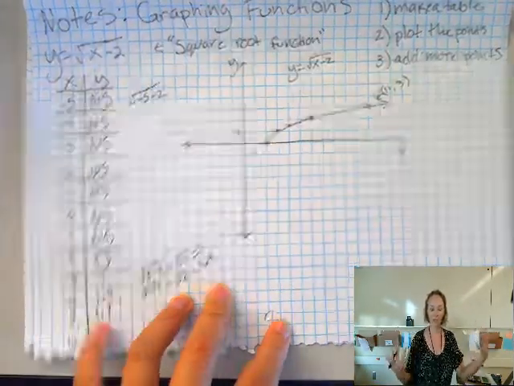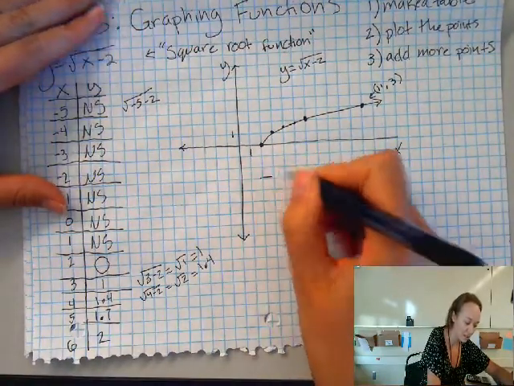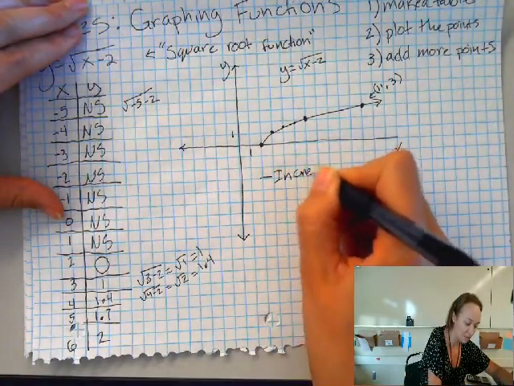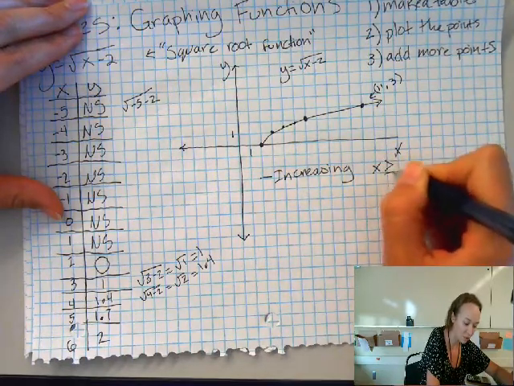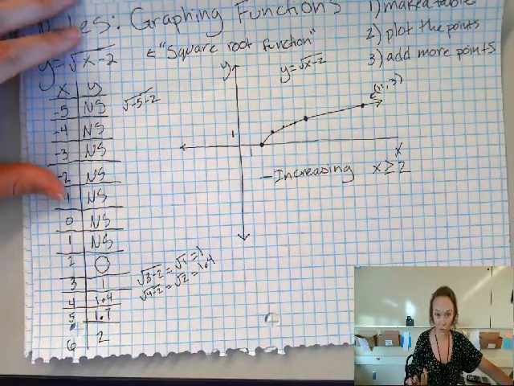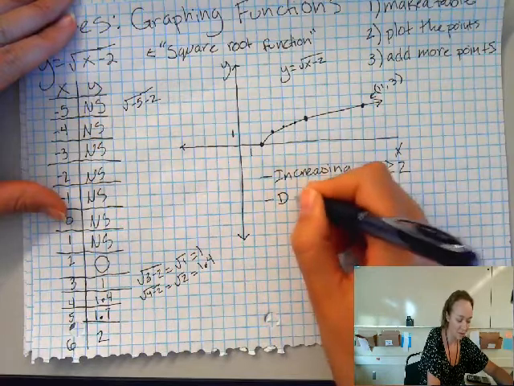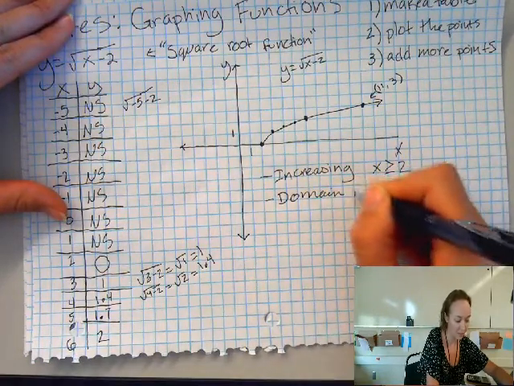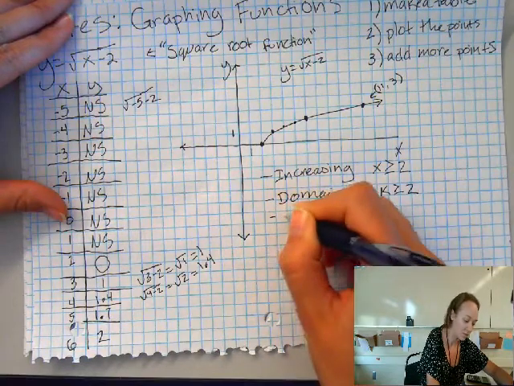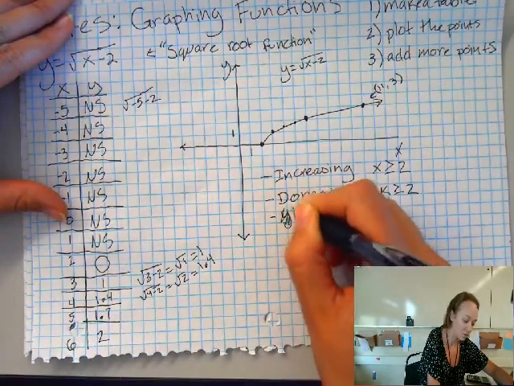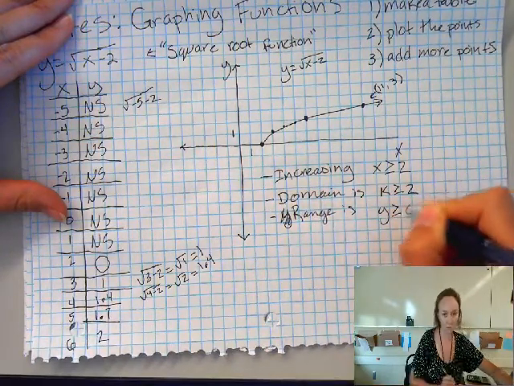Now, how can I describe this? So first I can say that it is increasing when x is greater than or equal to 2. You now hopefully know how to do domain and range. So I can say the domain is also x is greater than or equal to 2. I can also say the range is y is greater than or equal to 0.